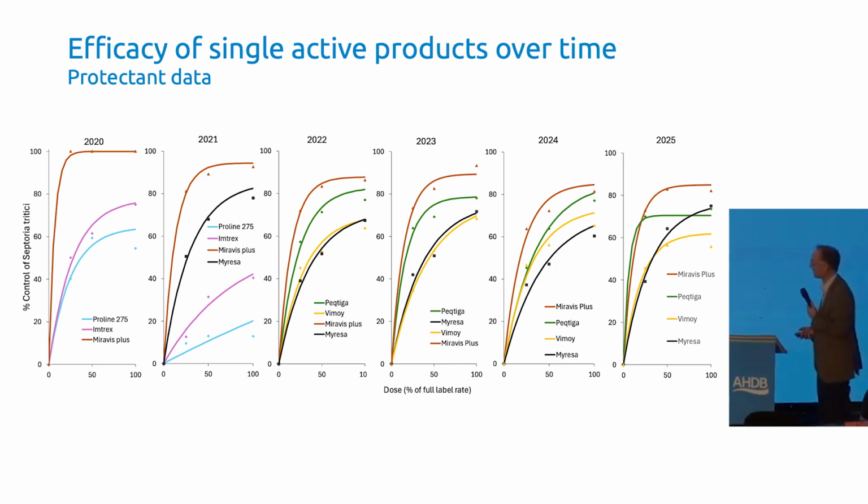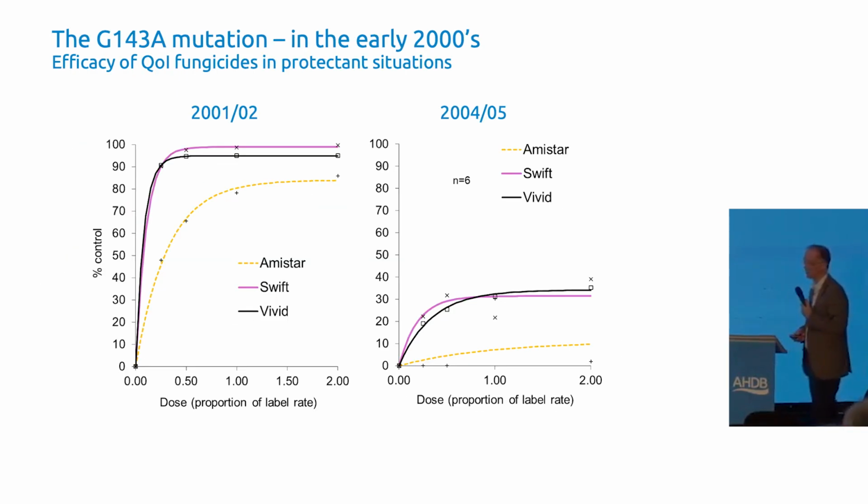We can't be complacent. Some of you will be old enough to remember what happened in the early 2000s, where we had the G143A mutation occur, which conferred complete insensitivity to all the strobilurins. The strobilurins, Amistar, Swift, they were fantastic on septoria back then, giving us 80–90% control, even 100% control in some trials. And they looked great.